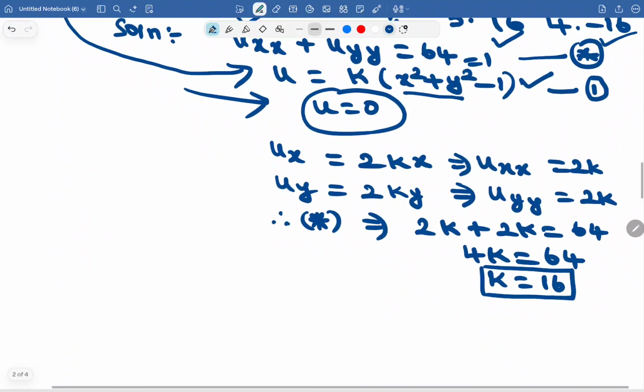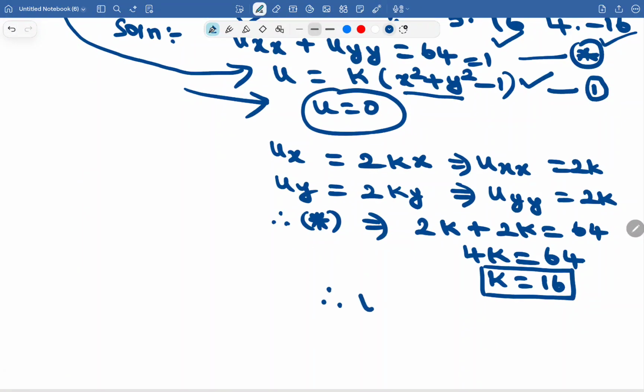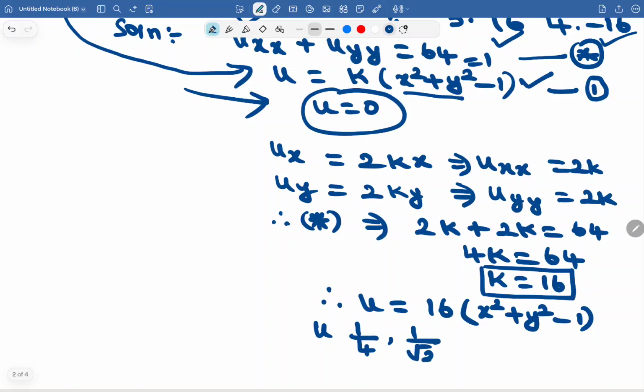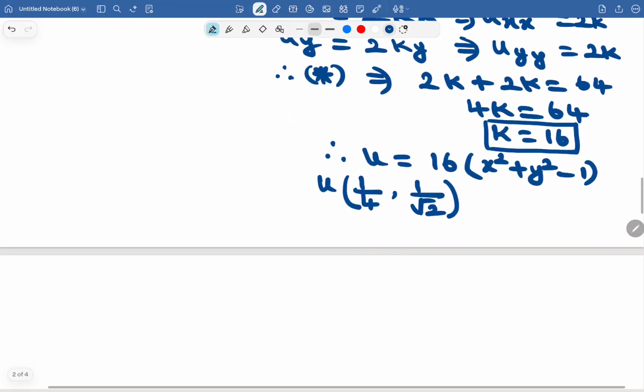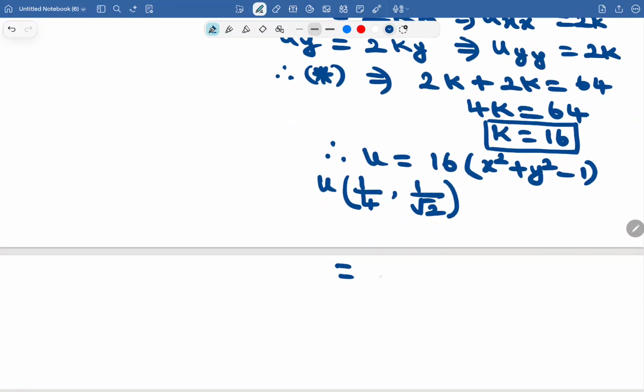Substitute k equal to 16 in 1. Therefore, u equal to 16 into x square plus y square minus 1. Now find the value of u of 1 by 4, 1 by root 2. That is, x is 1 by 4, y is 1 by root 2. 16 into 1 by 16 plus 1 by 2 minus 1.